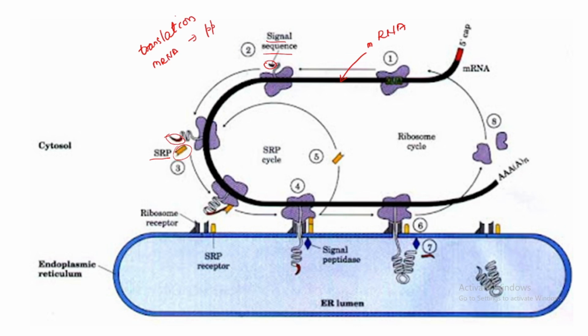It directs the ribosome along with the nascent polypeptide towards the endoplasmic reticulum. In the membrane of the rough endoplasmic reticulum there is a receptor called the SRP receptor, the signal recognition protein receptor.